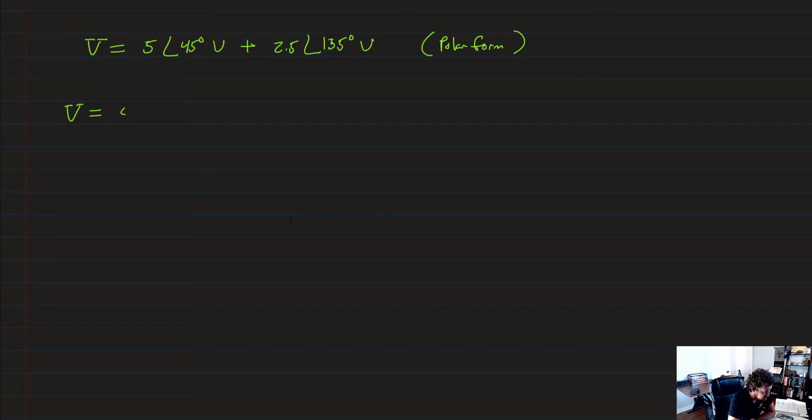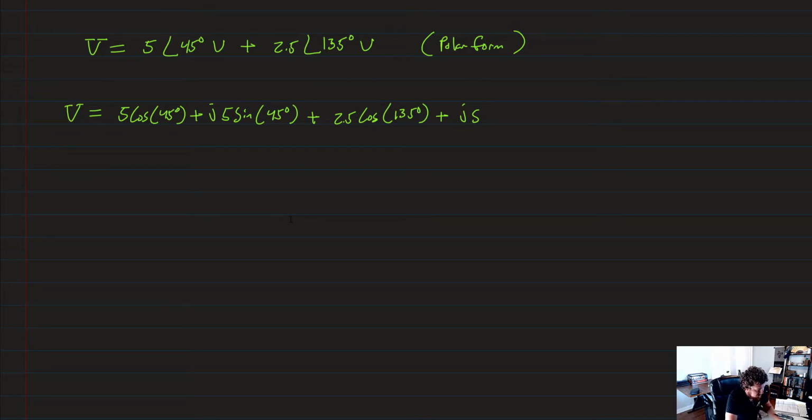So we'll start things off. It's just 5 times the cosine of 45 degrees plus j times 5 times the, not sine, not cosine, excuse me, 5 times the sine of 45 degrees plus, now 2.5 at 135 degrees is 2.5 times the cosine of 135 degrees plus j times 2.5 times the sine of 135 degrees.